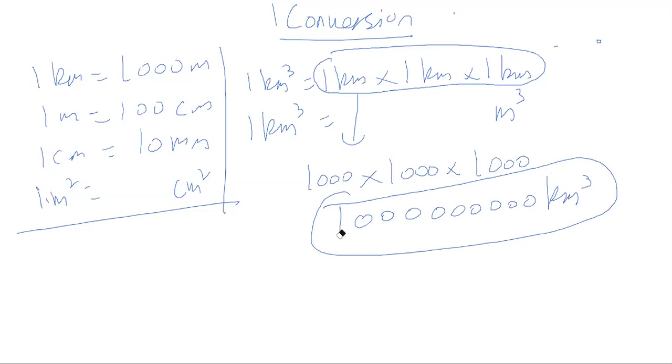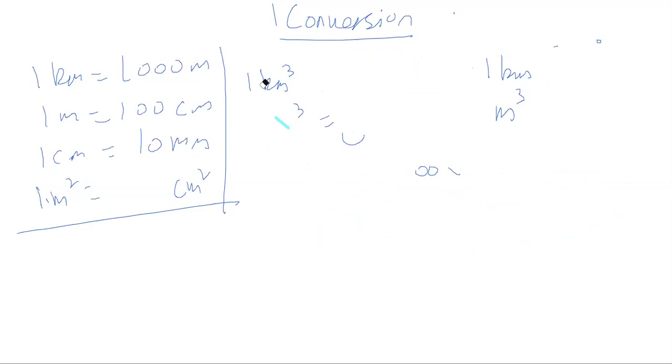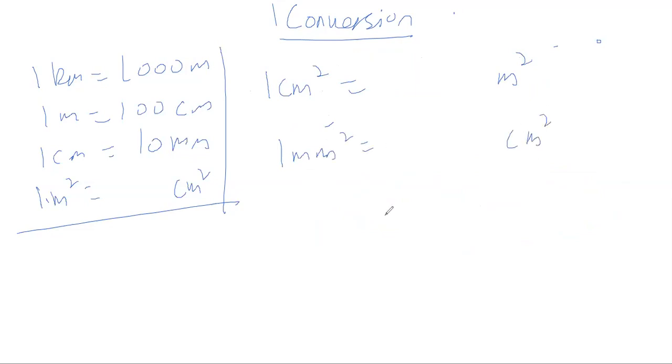Now what you need to do is tell me: 1 centimeter square is equal to how many meters square, and similarly 1 millimeter square is equal to how many centimeters square, and 1 millimeter square is equal to how many meter square, and 1 millimeter square is equal to how many kilometers square.